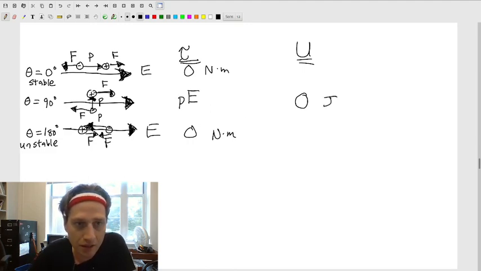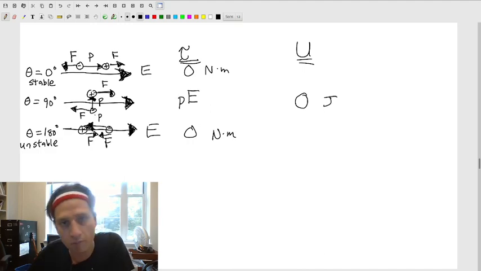It just means I want to call that 0 joules. I could have less energy than that or more energy than that. Now, the point which has the least potential energy is right here when the dipole is oriented right along the field. Okay, so it's going to be lower than that 0 joules. It's going to be minus P times E.